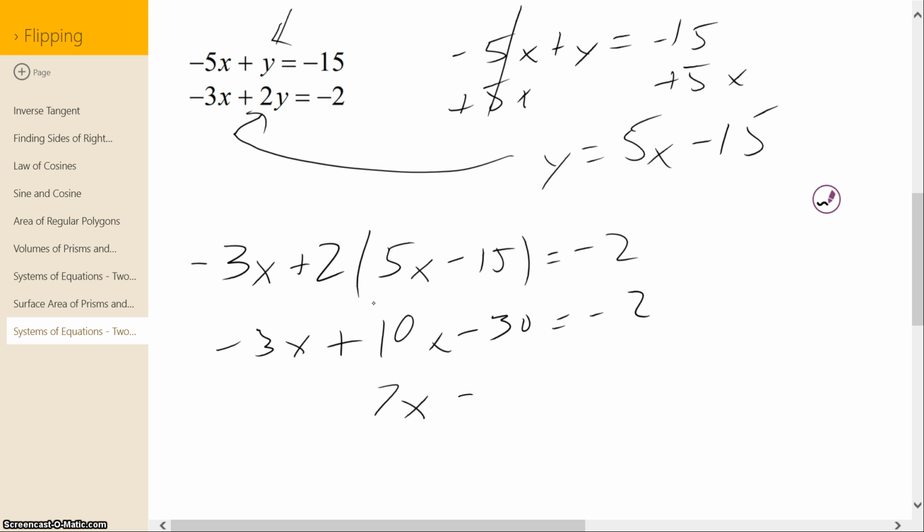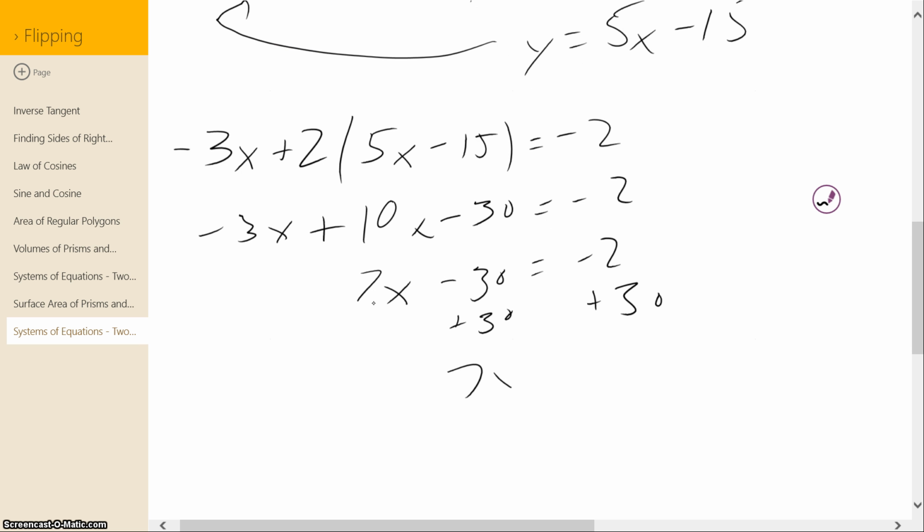Then I get this negative 30 out of here. Add 30 to both sides. So I get 7x equals 28. Divide by 7. x equals 4.